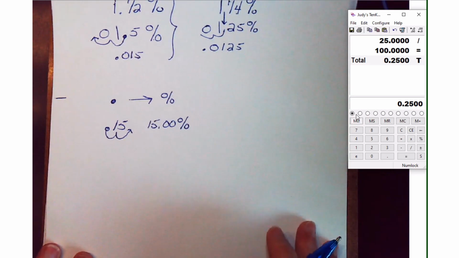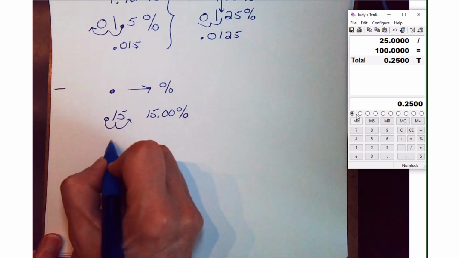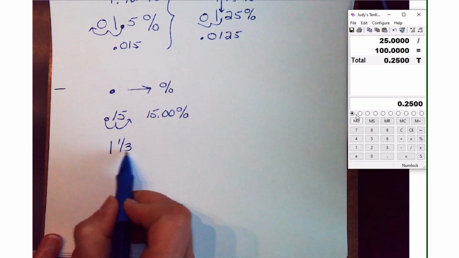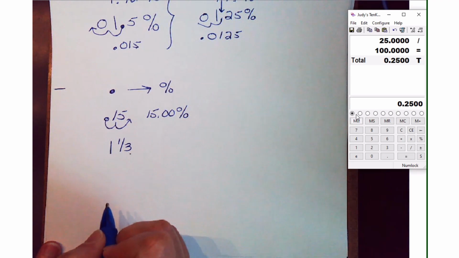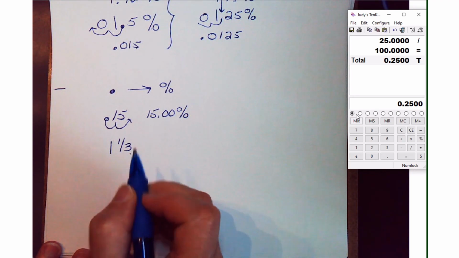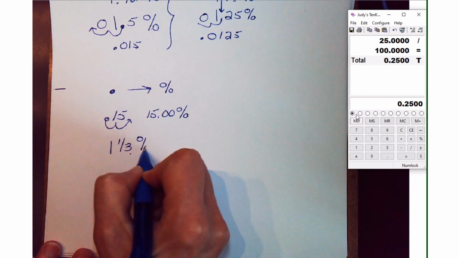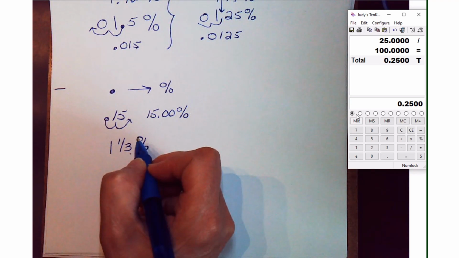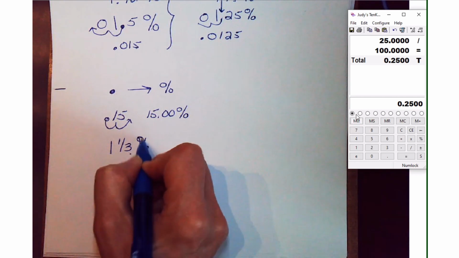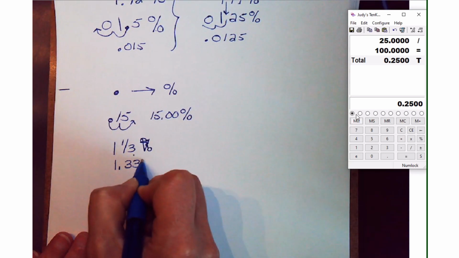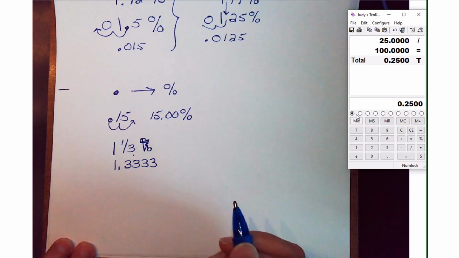If you have a fraction that never ends, remember a third is 0.3333 and it never ends. So it's 1.3333 and we are carrying them out to 4.